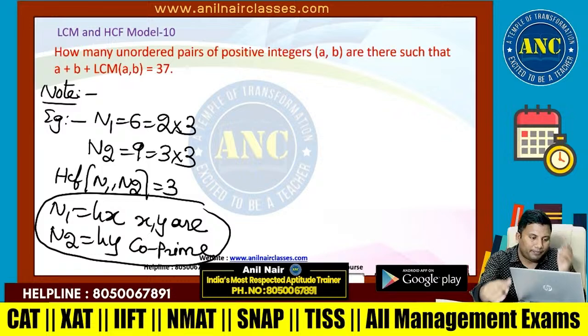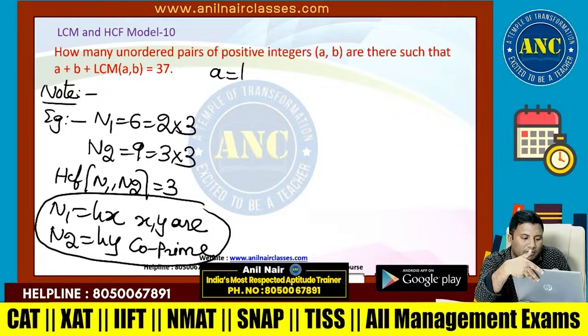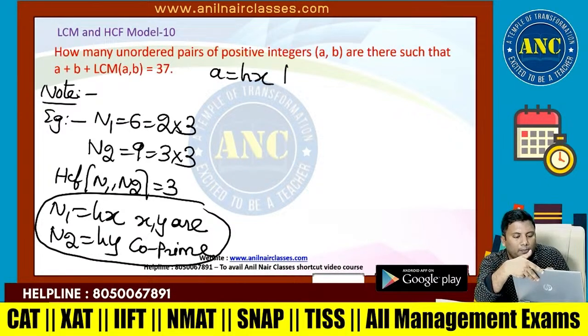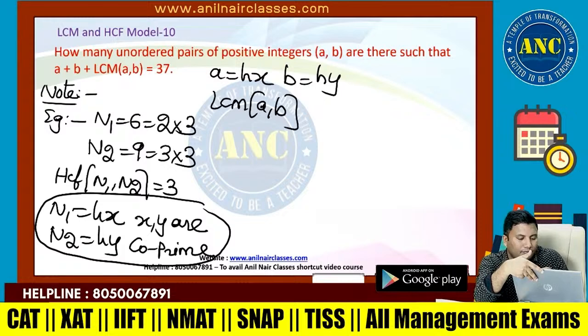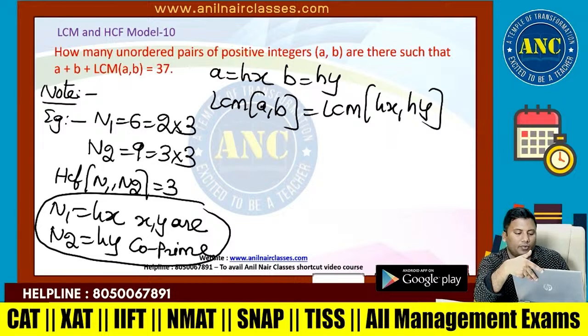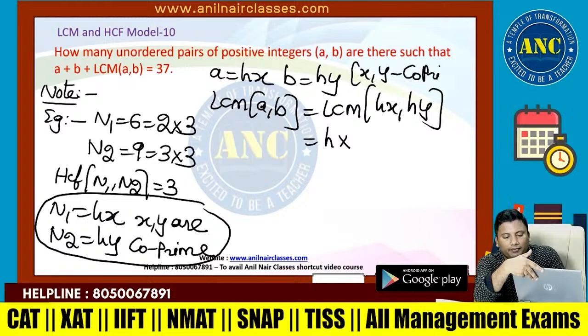Now see here. A is nothing but Hx. B is nothing but Hy. LCM of A comma B is LCM of Hx comma Hy. If the common factor is taken out, X and Y are co-prime.